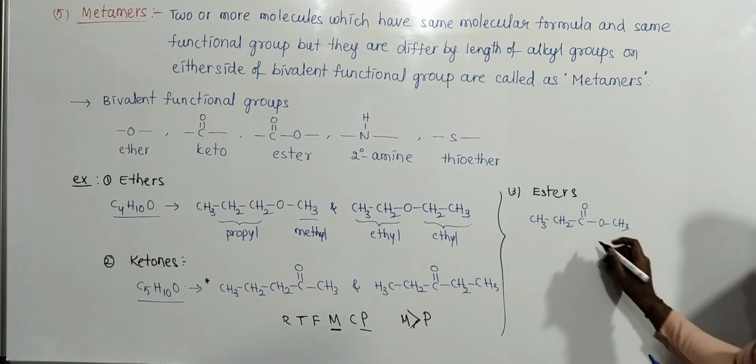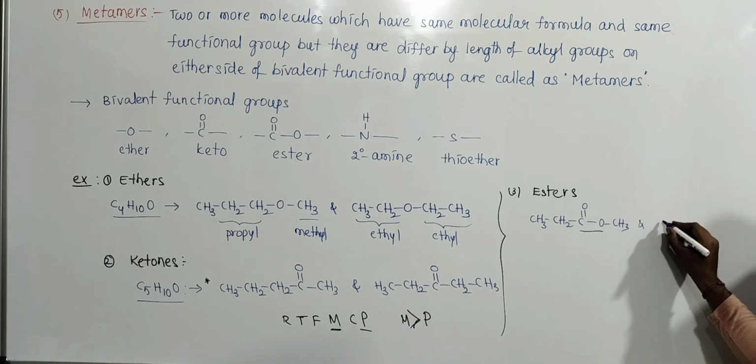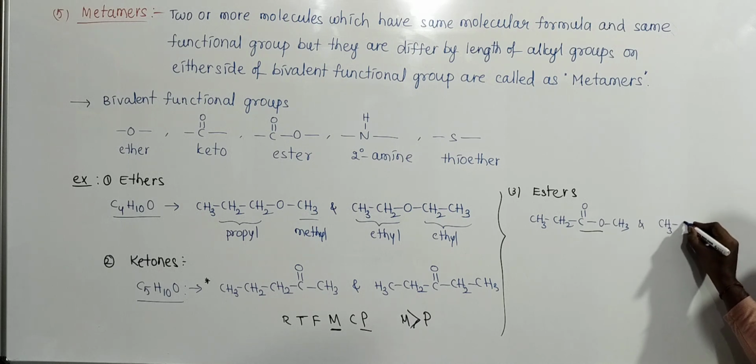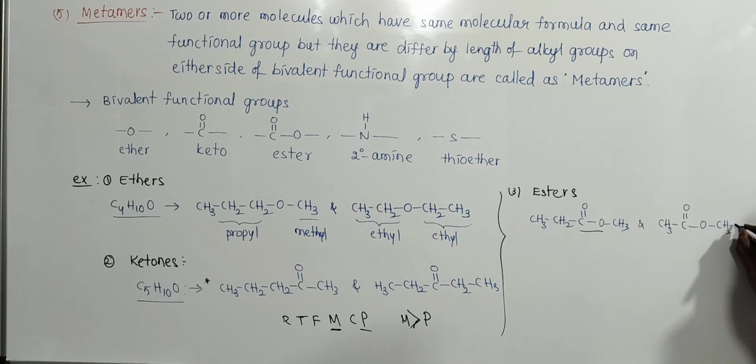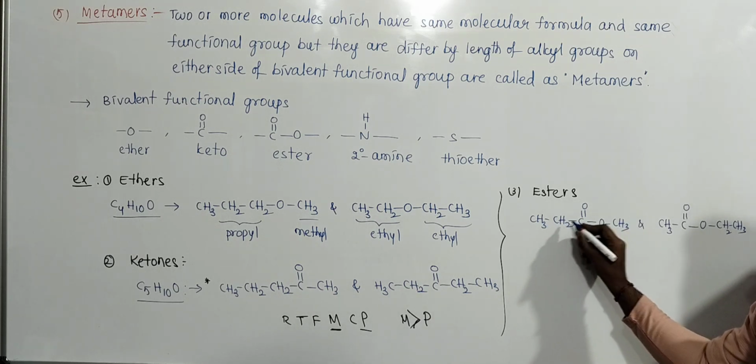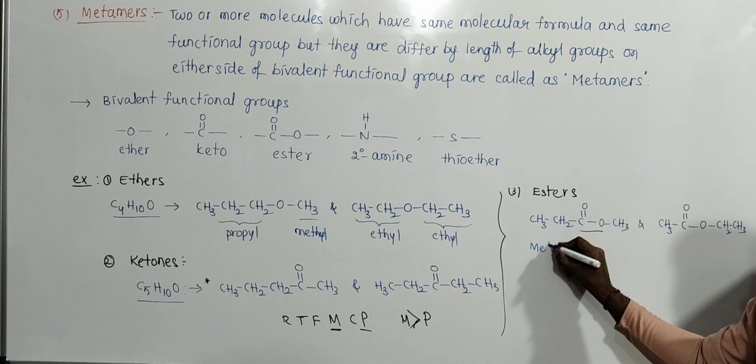So this is the functional group. Here methyl and ethyl. If you write it like this, CH3, C double bond O, CH2, CH3. Its IUPAC name is methyl propanoate.